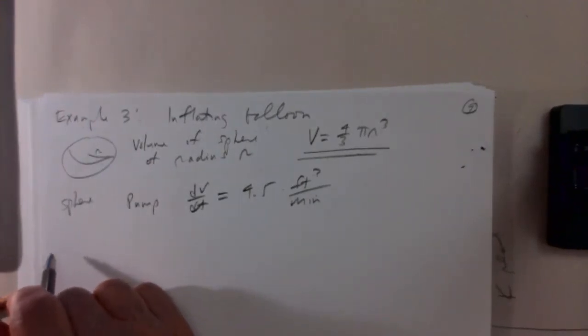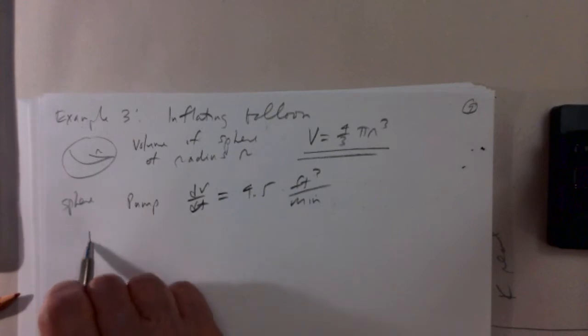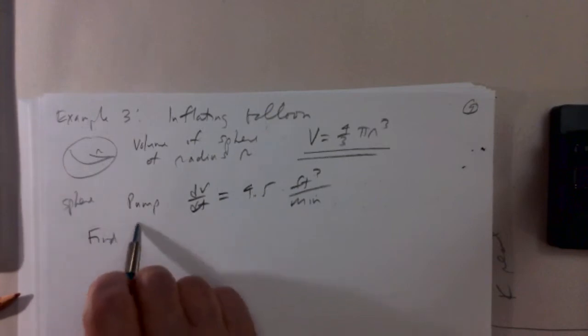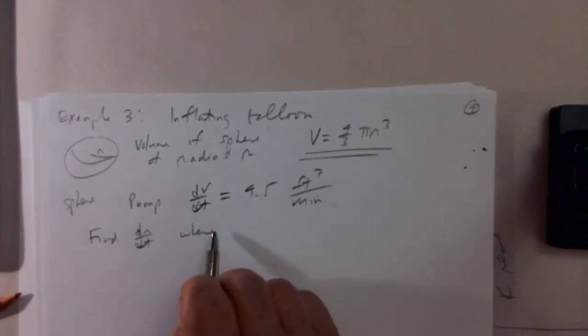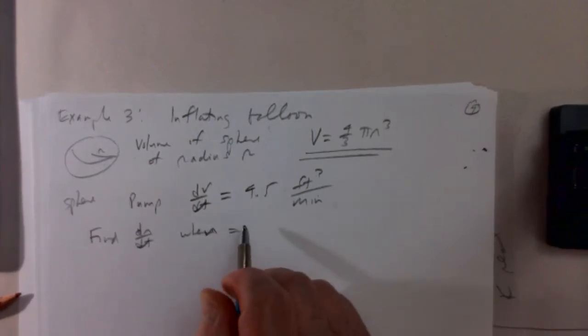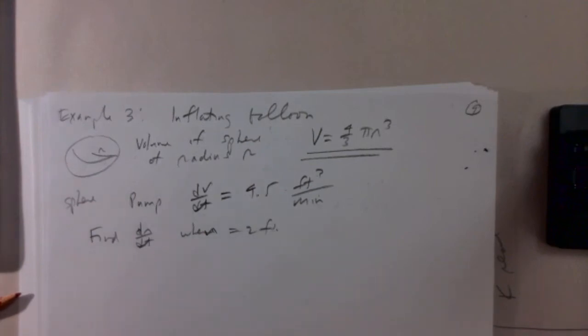So our problem is: find the rate at which the radius is increasing at the time when the radius is equal to 2 feet. Now, you have to think about this a little bit.